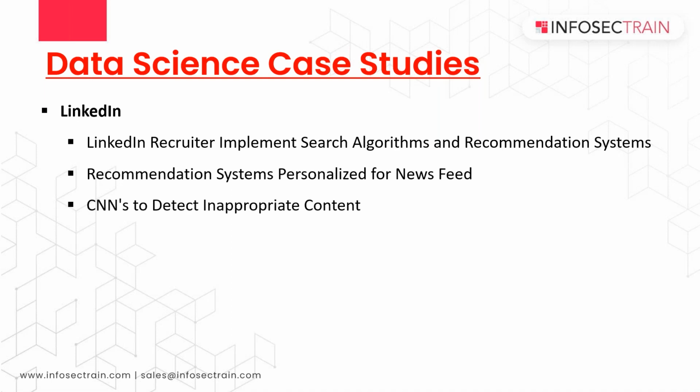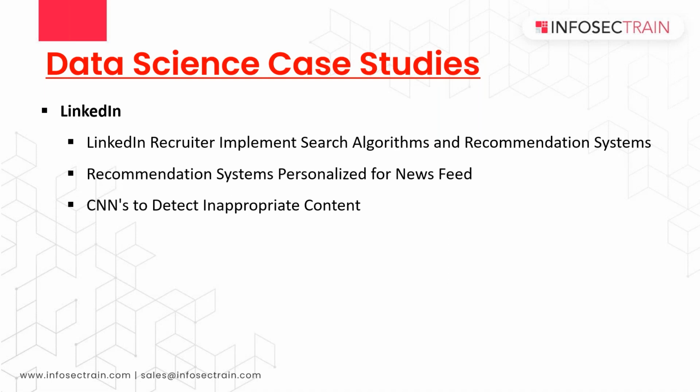Then, if you know CNNs, to detect inappropriate content, like I mentioned before on the previous slide, to analyze the reviews. Here on LinkedIn, they implemented convolutional neural networks to detect any kind of inappropriate content.